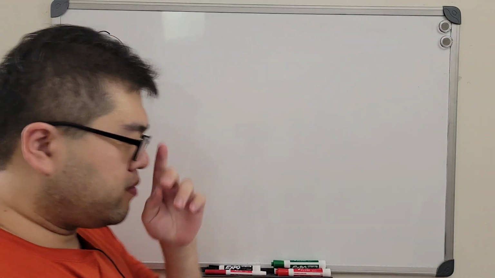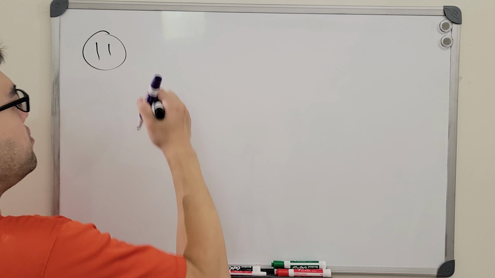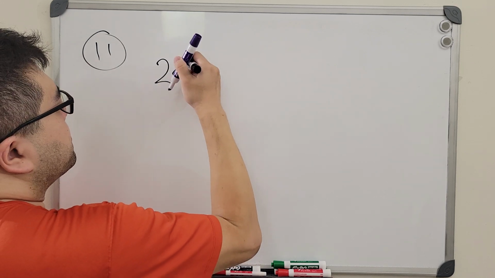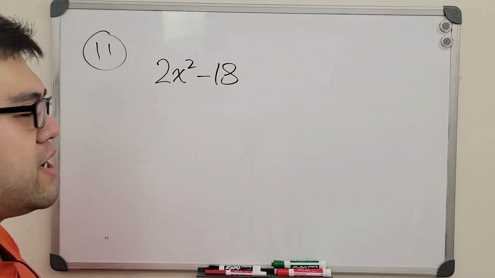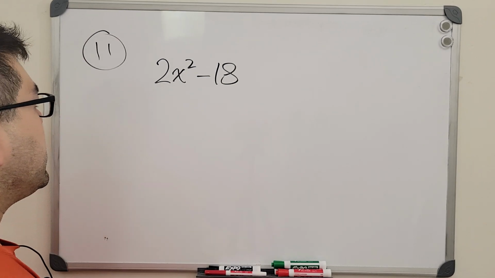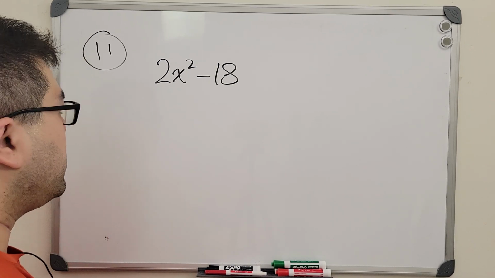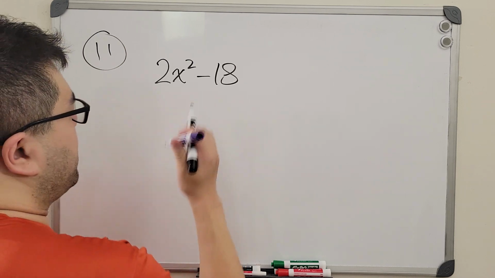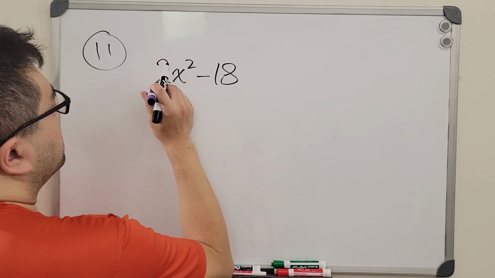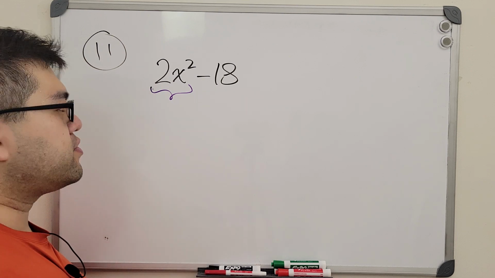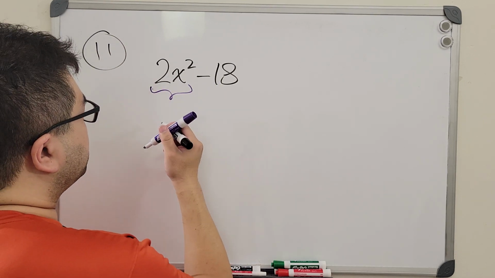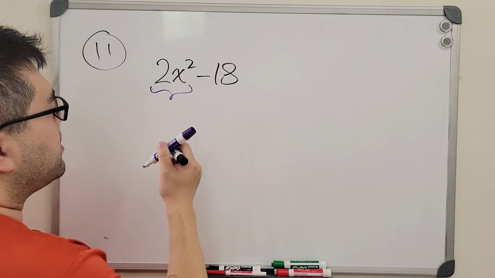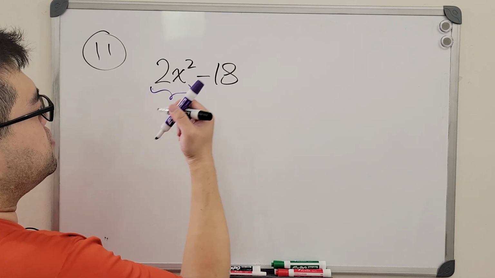Problem 11. We now have something a little bit trickier. So we have 2x squared minus 18. If we're trying to use the formula saying that this is a squared minus b squared, let's see what happens. If we try to set this as a squared, we're going to get something squared equal to 2x squared.